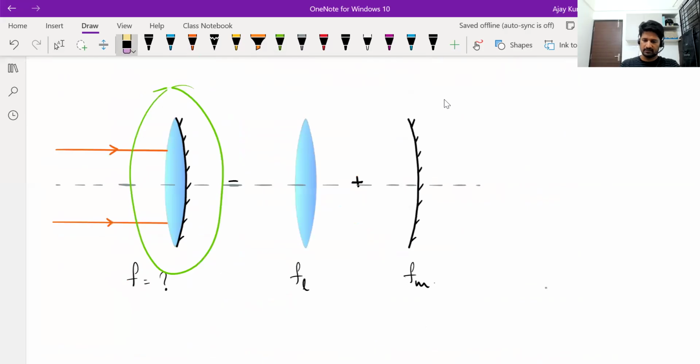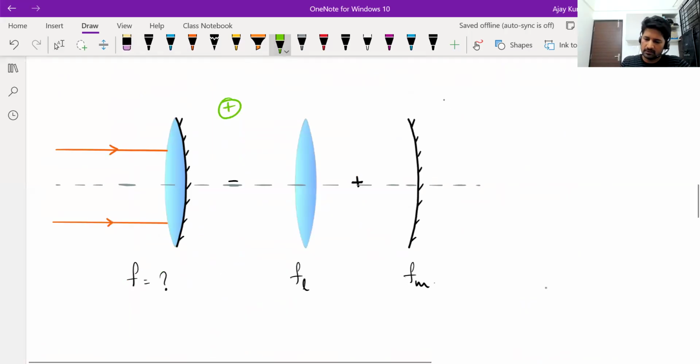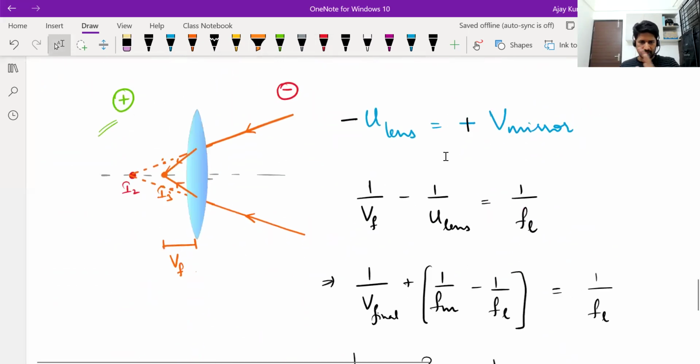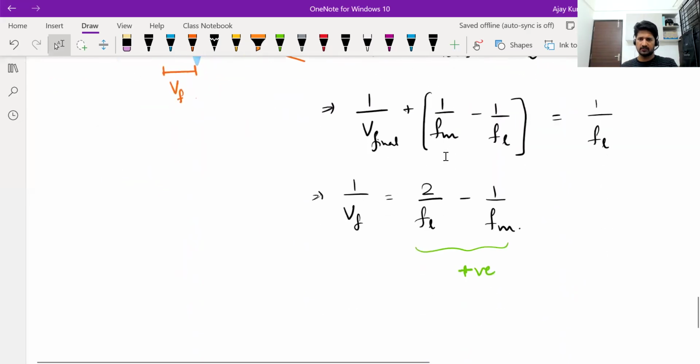For the silvered lens, which way was light incident? From left side. So for the entire system, if you see, this is positive, this is negative. But while finding the final image position, we took left side positive, right side negative. We'll get some answer. The actual focal length of the whole system.